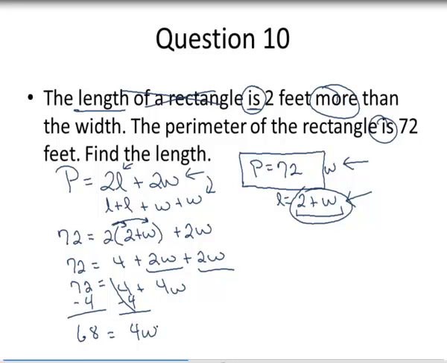You guys all still with me out there? Okay, I just want to make sure I'm not talking to myself. What's the last step? Divide by 4. So we get, is 68 even divisible by 4? Yes? How many times is 4 going to 68?